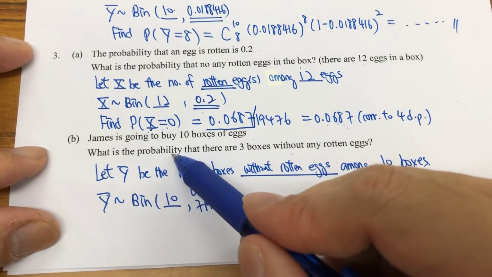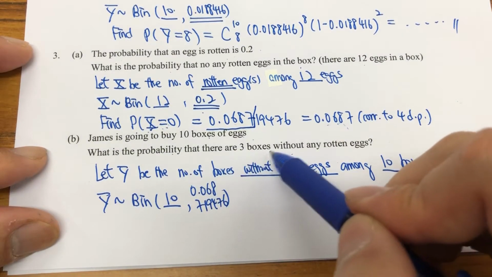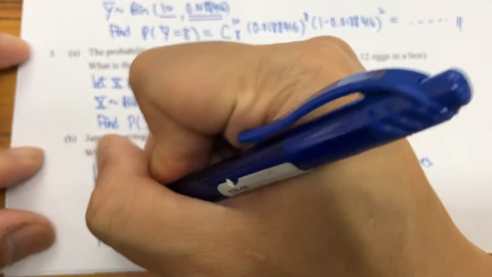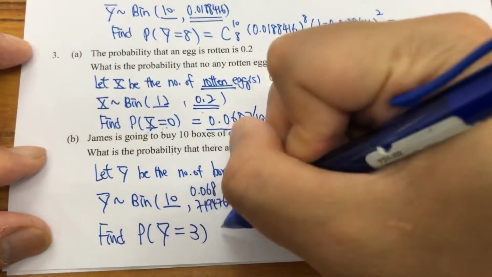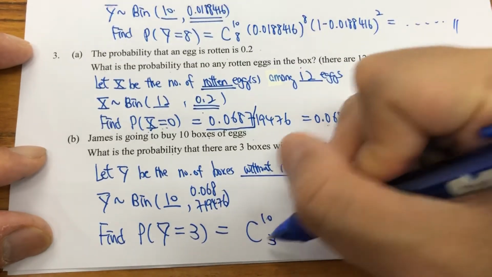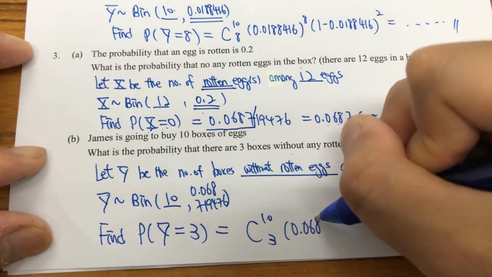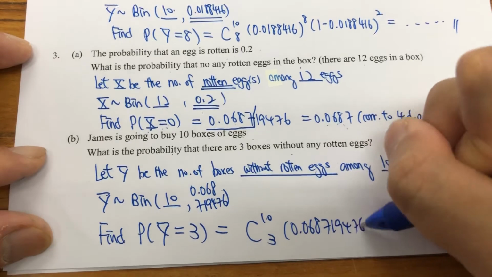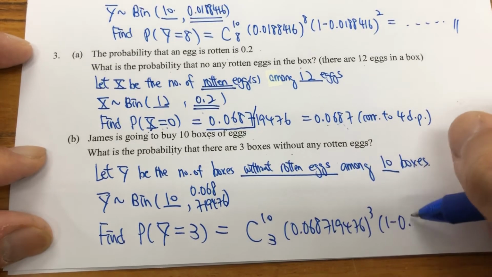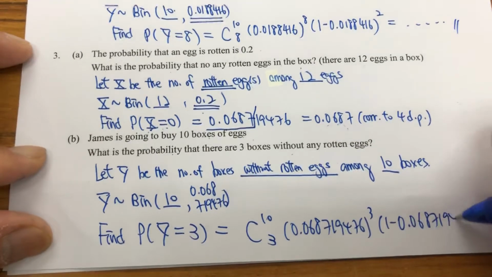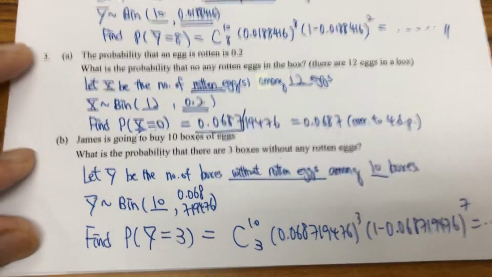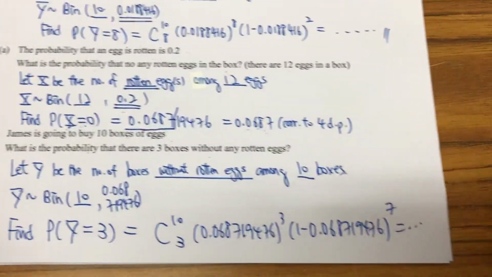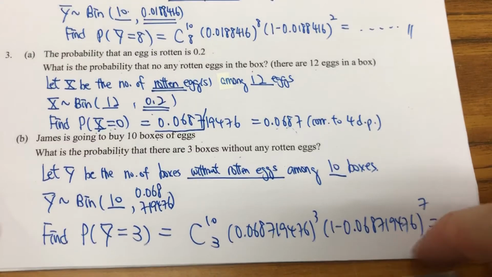What is the probability that there are 3 boxes without any rotten eggs? So you have to find the probability of Y equals to 3. So 10C3, probability of success 3 times, failure, how many times? 7 times. And then calculator. Okay?